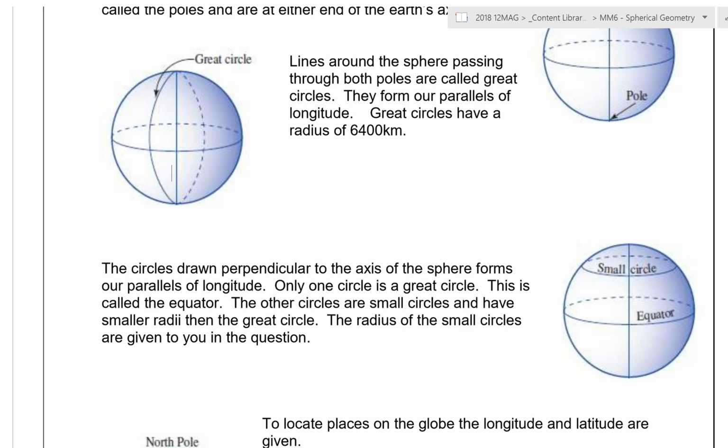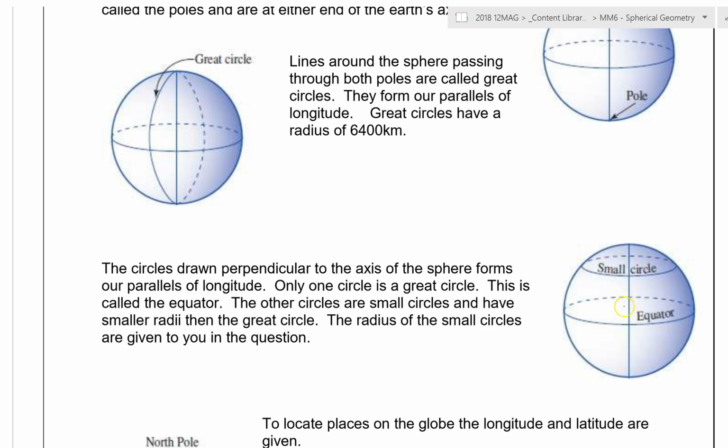Now, we measure that latitude, the up or down part, as a distance above or below the equator. The equator is this line that goes around the middle of the Earth that is the same distance between both the poles. In fact, it is pretty neatly 10,000 kilometres away from each of the poles. It goes around the middle of the Earth, that's as big a circle as it could be.